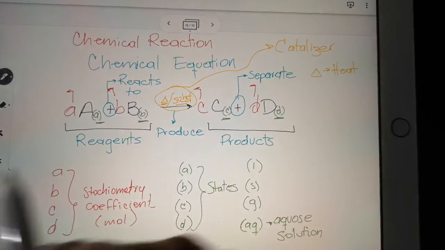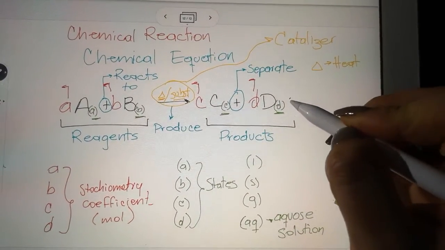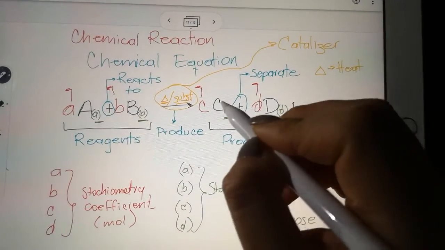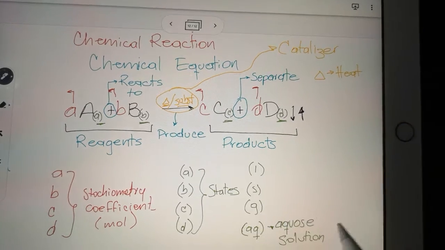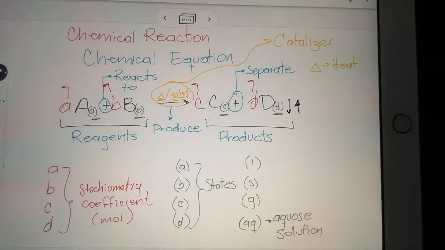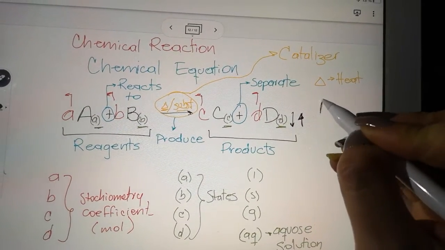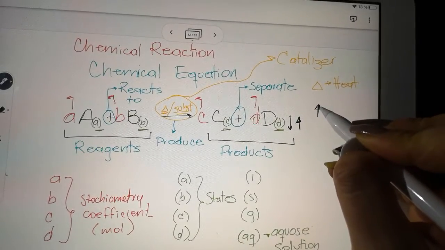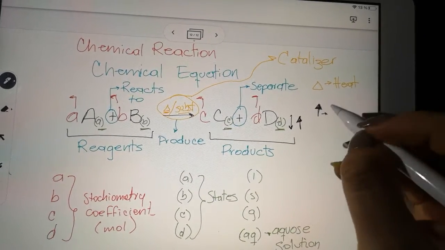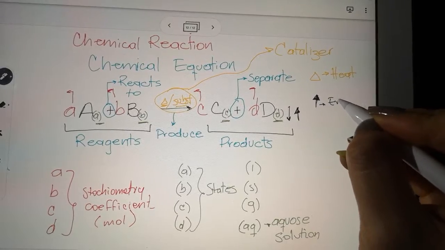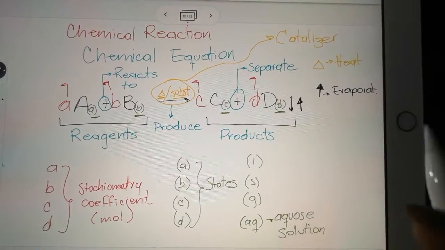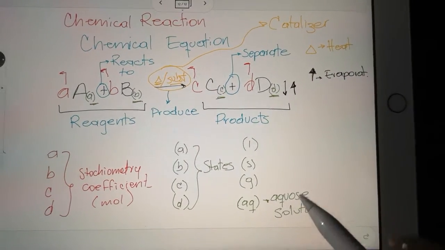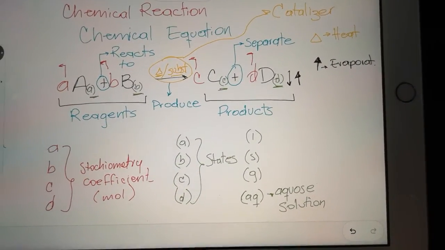Other symbols that you can find, for example, you can find this arrow here and other types of arrows. One of them, okay, not both, one of them. When you find the arrow in this way, this arrow will represent evaporation. So, you will always find that arrow next to gaseous substances.